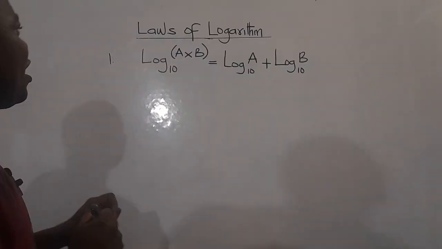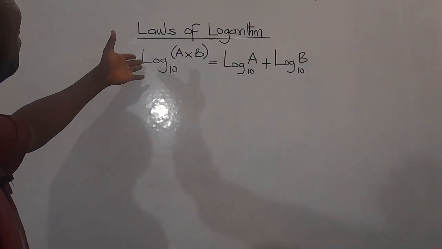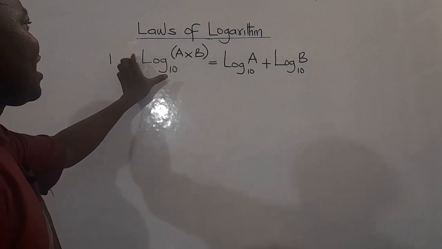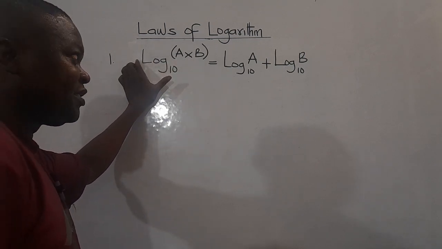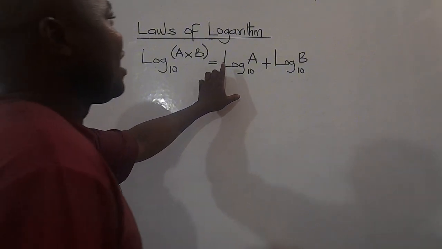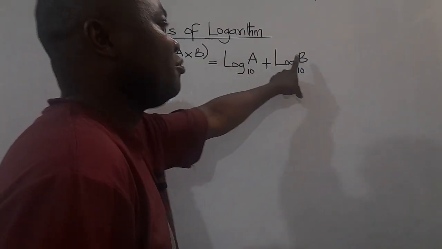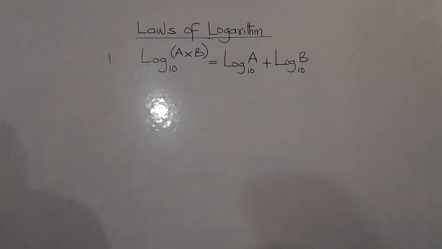Meaning, if you multiply two numbers such that they are in a common base, it is the same thing as adding them differently, like this: log a base 10 plus log b base 10. This is what it means. The first law we're going to be looking at.